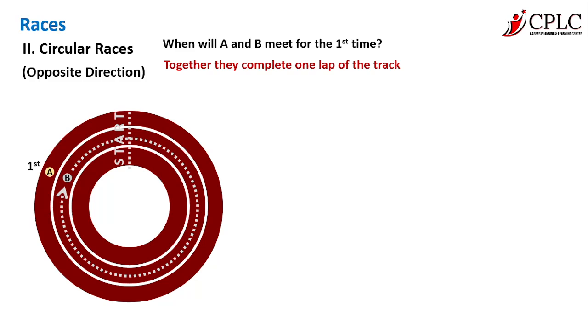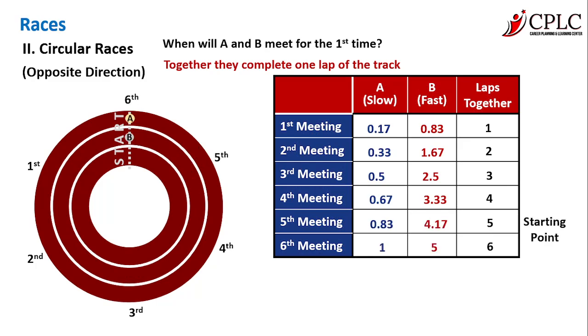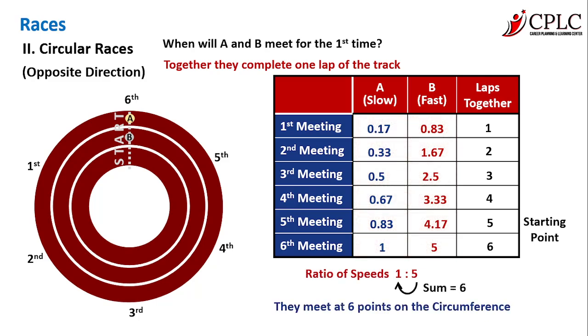Now again, here, how many times do they meet? A simple framework: assuming the ratio of speeds as 1 is to 5, here we have to add them. If it is the opposite direction, we are going to add, and when you add the numbers of the ratio of speeds, you get how many points they meet. So here it is 6 points they meet.